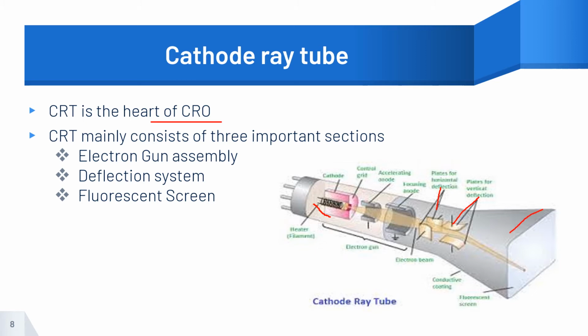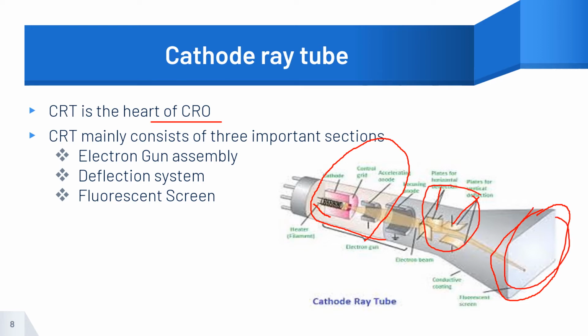The third one is the fluorescent screen. So electron gun assembly, deflection system, and fluorescent screen are the main parts of CRT.